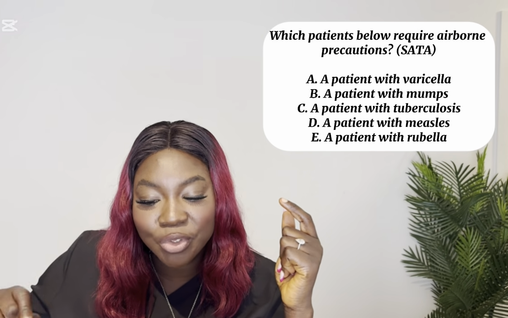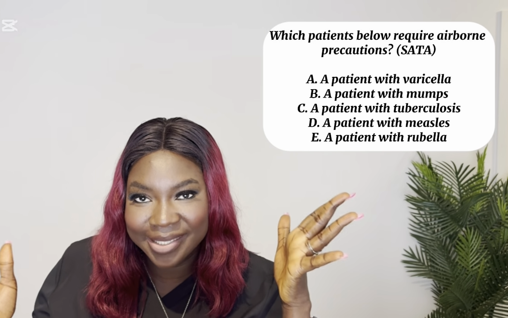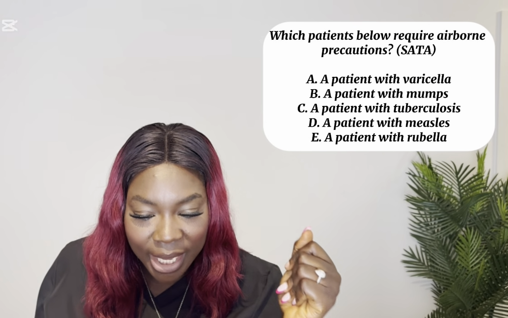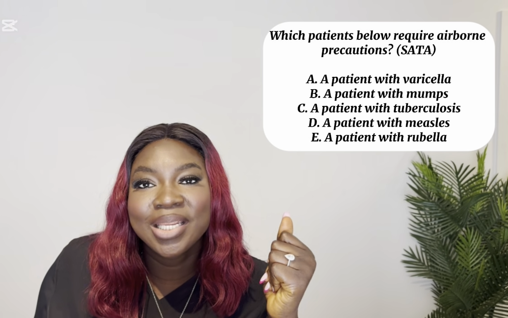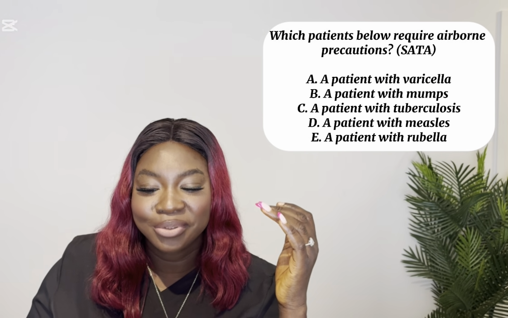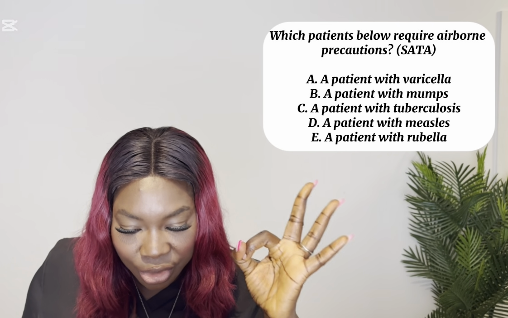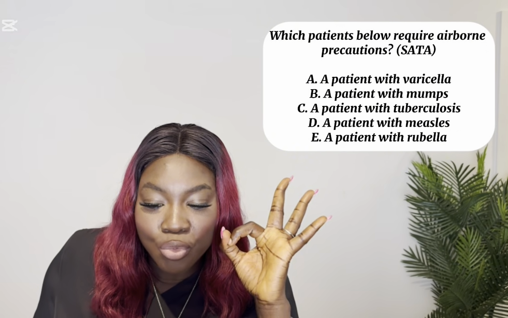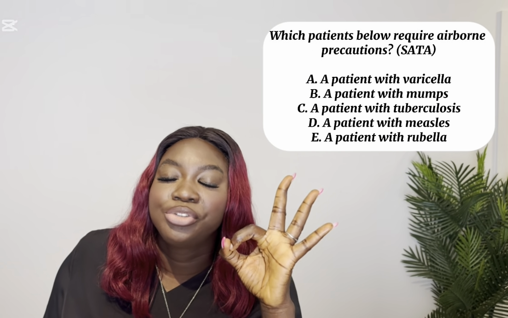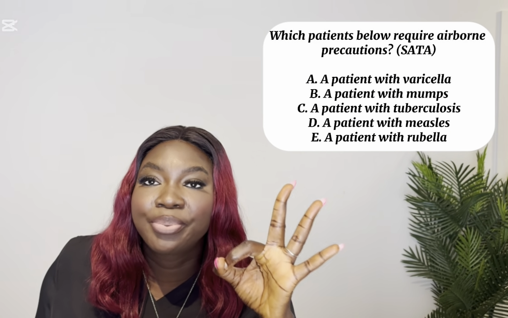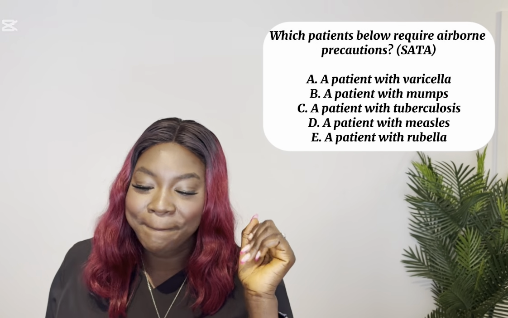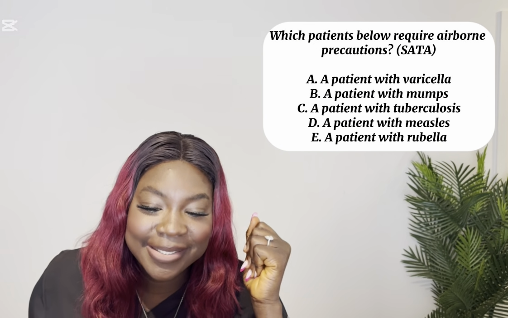Now, a patient with tuberculosis. Yes. Tuberculosis is airborne. A patient with measles. Absolutely. Measles is airborne. And E, a patient with rubella. No. Rubella is spread through droplet precaution. So our right answer is A, C, D.